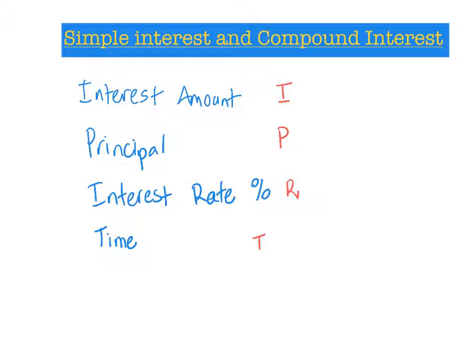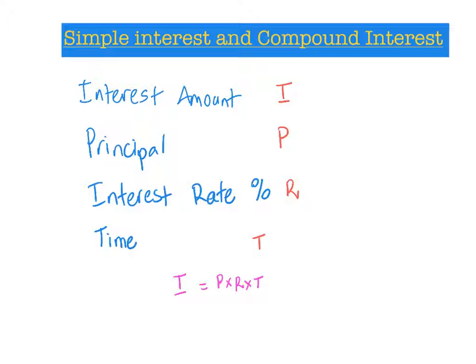What we also have is a formula for when we want to work out simple interest. And that formula is I equals P times R times T. So let's start with an example so we can work one out.